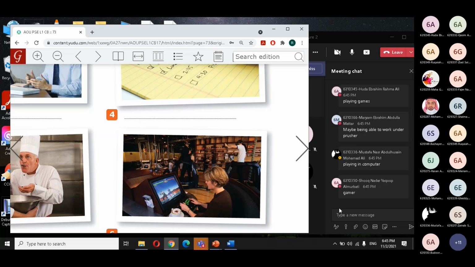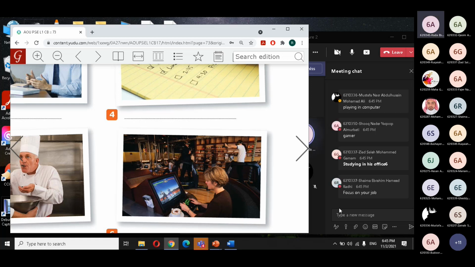She is at work in the company. She's playing games on the computer. Don't play all the time. So give her advice. She's careless. Shaima said focus on your job.